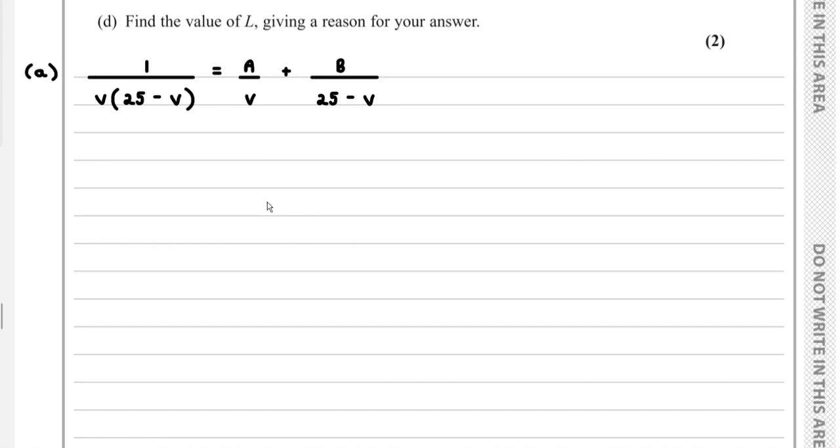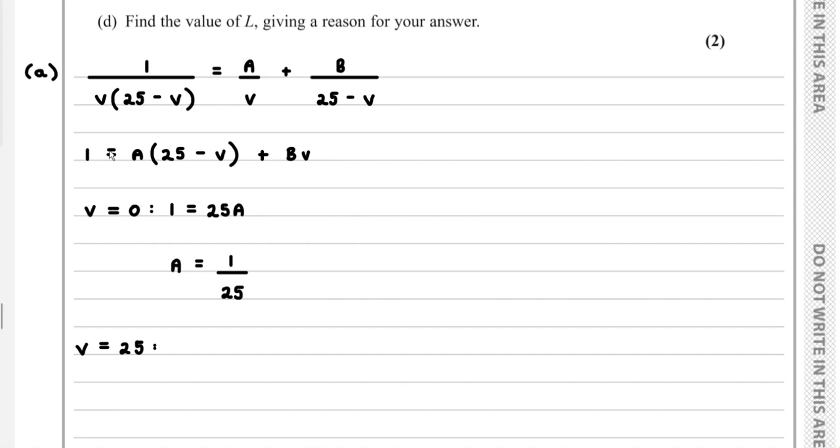And if I multiply both sides by v multiplied by (25 subtract v), on the left hand side we have 1, on the right hand side we have a multiplied by (25 subtract v) plus b multiplied by v. Now, when v equals 0, we have 1 equals 25a, meaning a is 1/25. And when v is 25, we have 1 equals 25b, meaning b is 1/25.